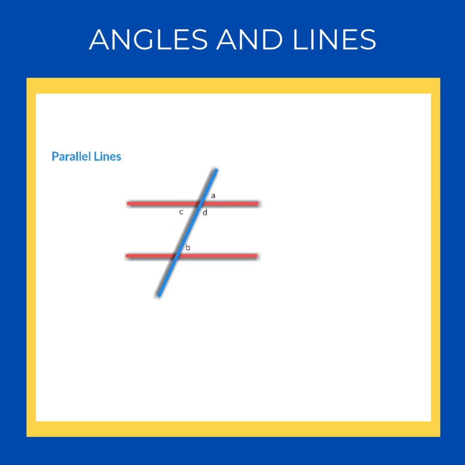Now whenever you have two parallel lines and one transversal line, here angle A is equal to angle B. Why? Because these two angles are corresponding angles. So these are corresponding.